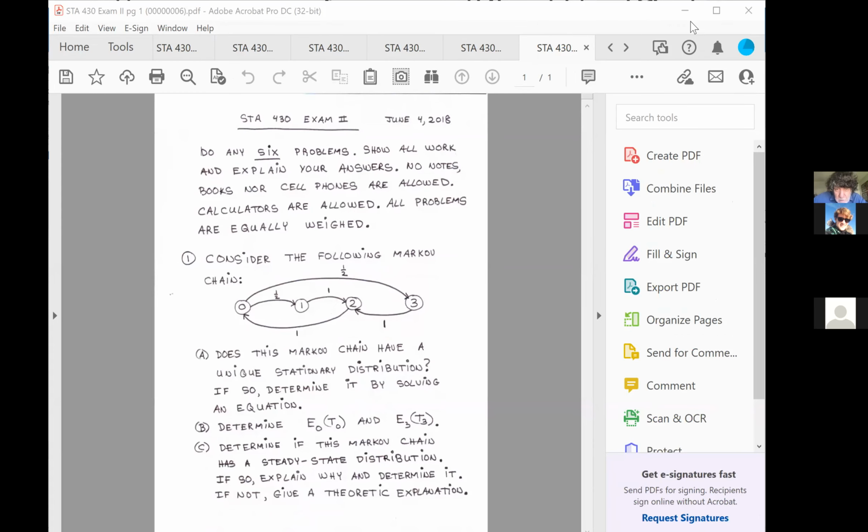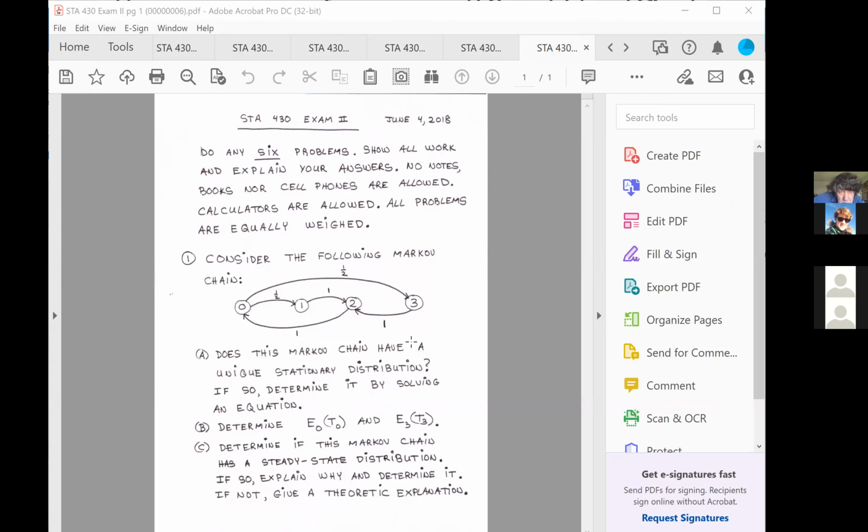Yes. Okay, so you see the diagram. This is from a past test, from exam 2 from June 4th, 2018. You see the diagram now, I hope? Yeah, I can see it. Okay, so this is a problem. Consider this. Does it have a unique stationary distribution? Determine these things.